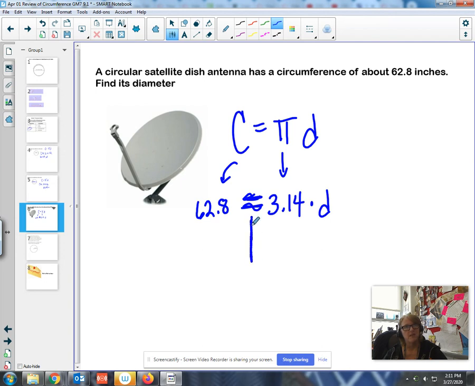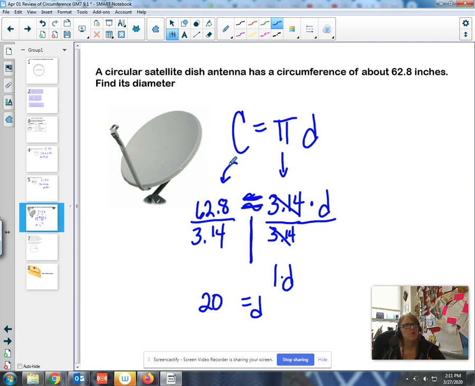What I mean by that is to undo multiplication, its inverse operation is division. So I'm going to divide this side of the equation by 3.14. Same thing over here. 3.14 divided by itself is exactly 1. So I get 1 times d, or just diameter. All right, take 62.8 divided by 3.14, and you should get 20. Sweet. 20 what? 20 inches. That's the diameter.